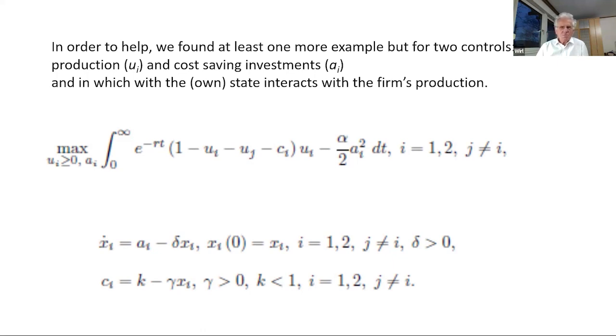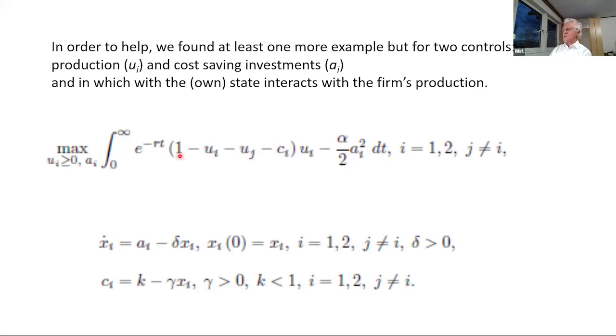We thought we should find other settings where we can generate this, if you want, new or surprising result. And somehow we did, at least, let's put the blame on me, I did not succeed very much. One example I can show you where I do get again multiple linear Markov perfect equilibria, with the difference that now we have two controls.